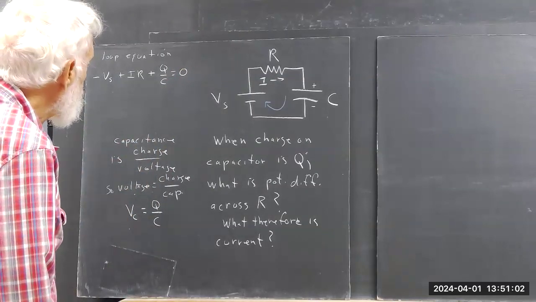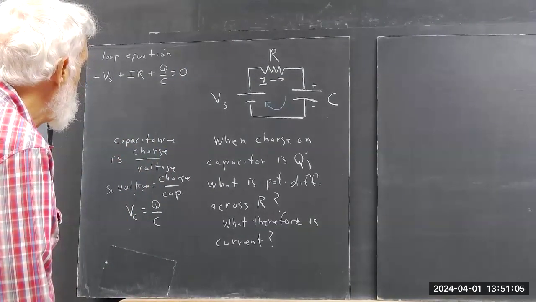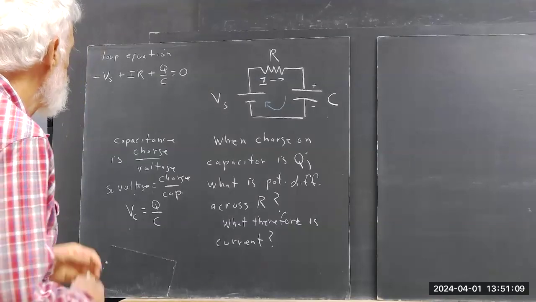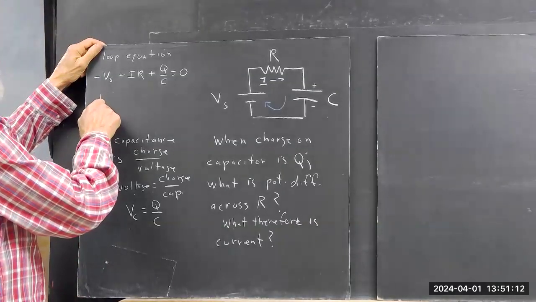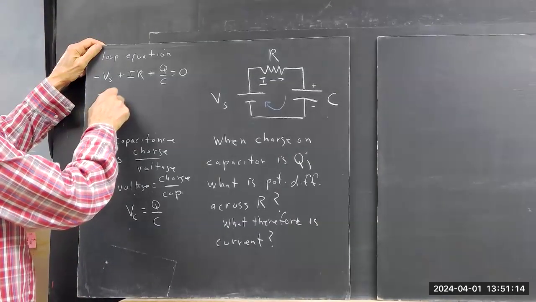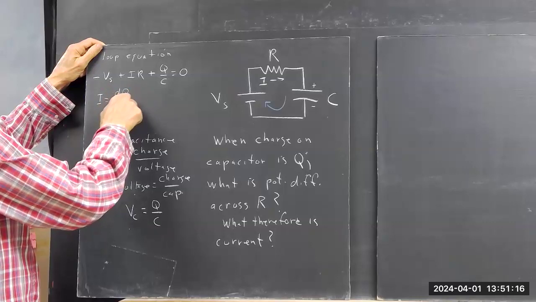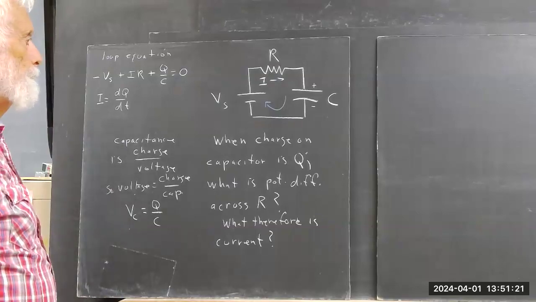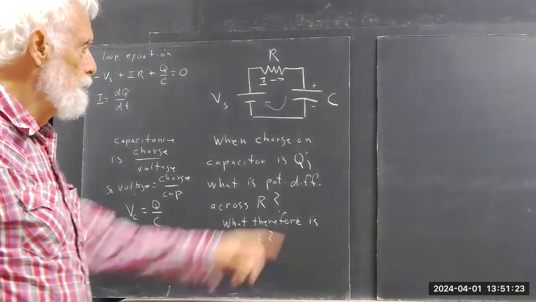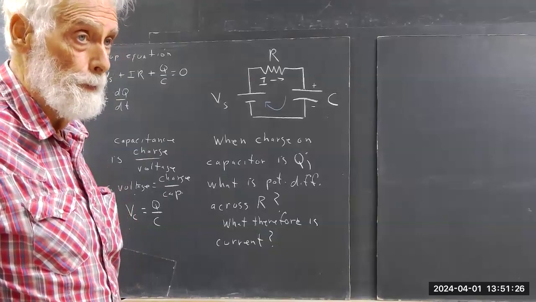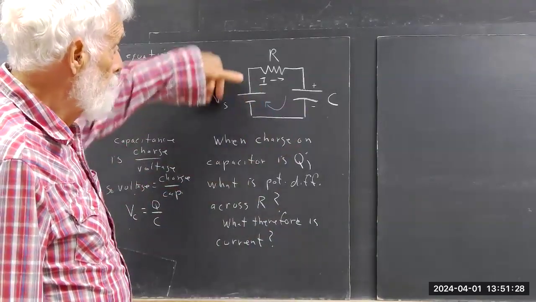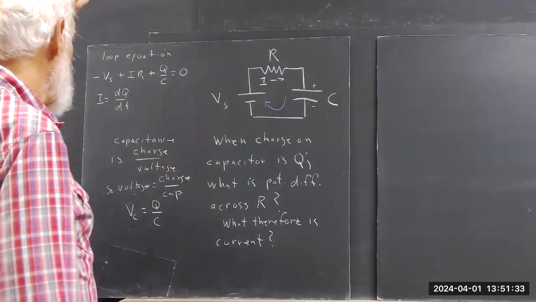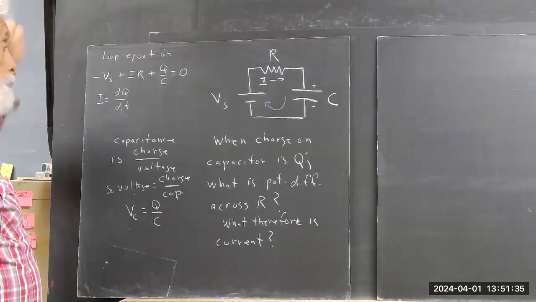Okay. Well, the key here is the current is the rate of change of charge in the capacitor. Current's pulling charge off of one plate and putting it on the other, right? Now, is that a positive dq dt or a negative dq dt?